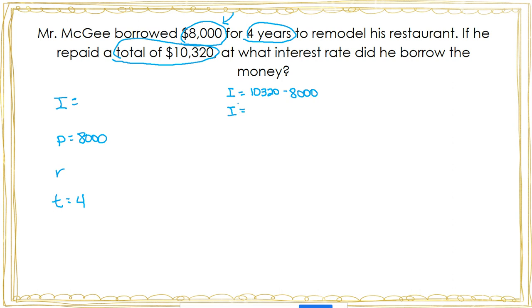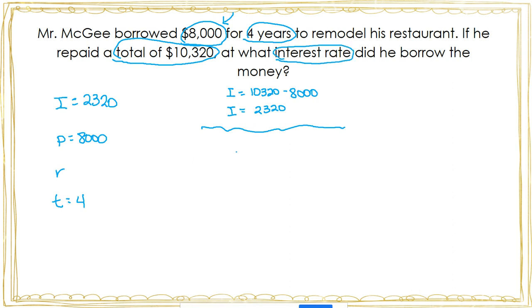When I subtract 10,320 minus 8,000, I get 2,320. So I know that the amount of interest that Mr. McGee paid was 2,320.